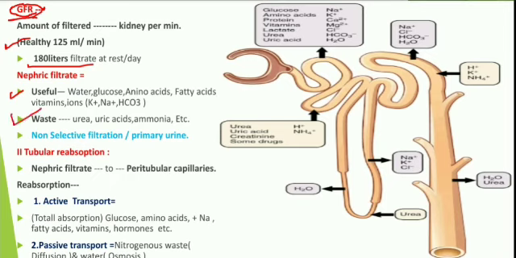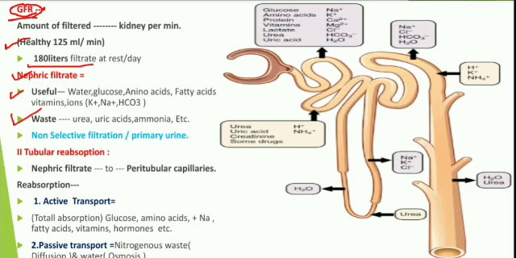What are the useful substances? Water, glucose, fatty acids, vitamins, ions like potassium, sodium, bicarbonate, hydrogen, all necessary substances are present in the nephric filtrate. It also consists of some waste: nitrogenous wastes like urea, uric acid, ammonia, creatinine, hippuric acid.